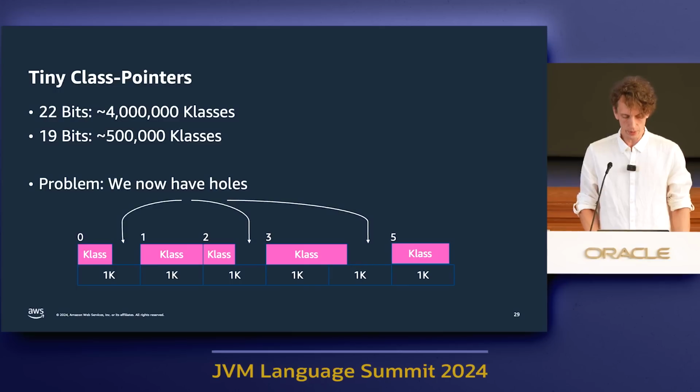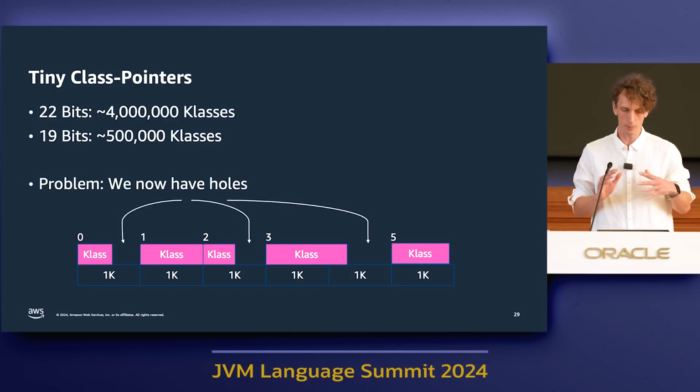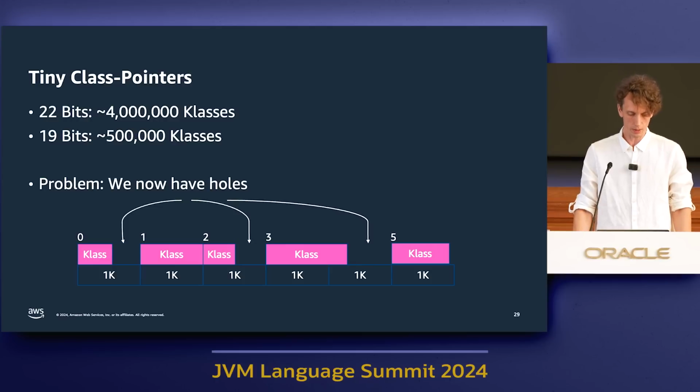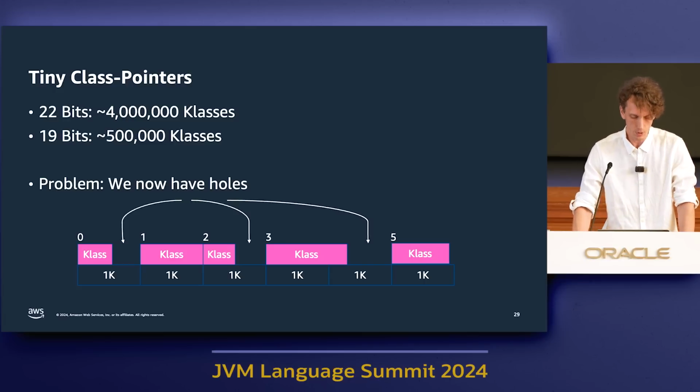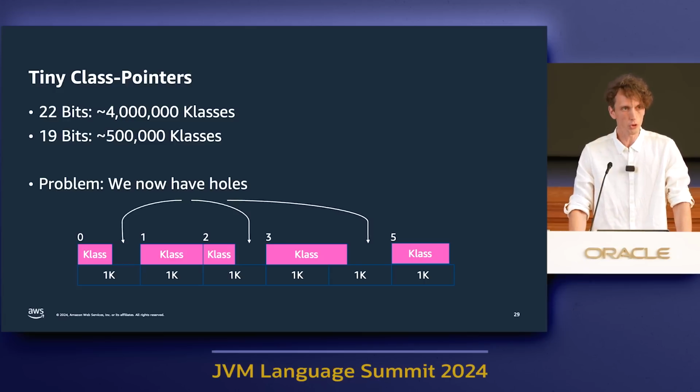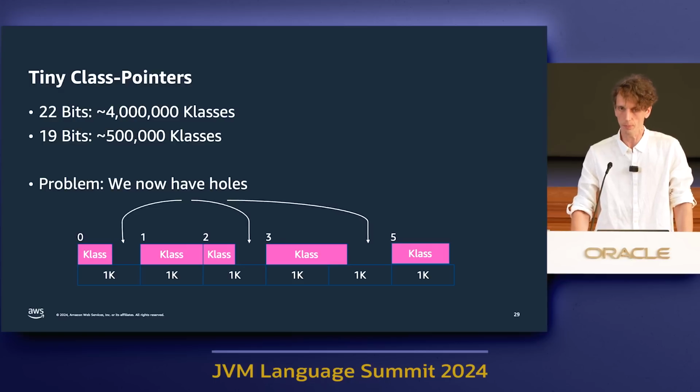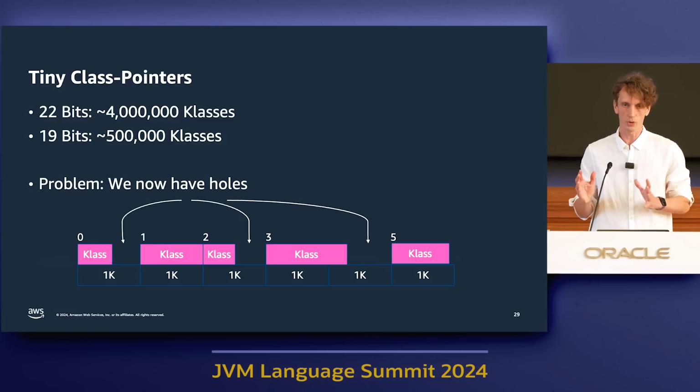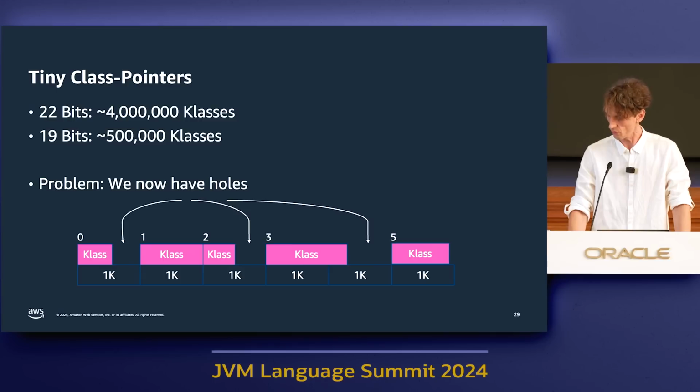Each class structure has a lot of associated metadata somewhere else, usually allocated in metaspace. In fact, the ratio between the space taken by the class structure itself and by the associated metadata is about 6 to 10 times, which means we have up to 6 to 10 times as much metadata as actual class structure data.